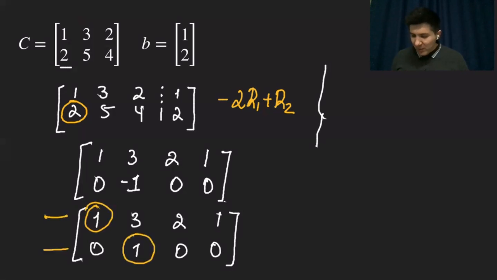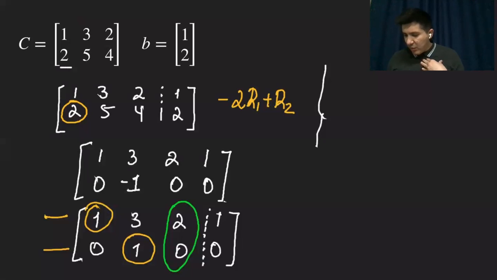So you see, I've got 2 pivots, in this column and this column. Both of the rows have pivots, but only the first and second columns have pivots. It means that the third column is going to be the free variable. It means that the system has infinitely many solutions. And if you remember, we discussed constructing the complete solution, right?